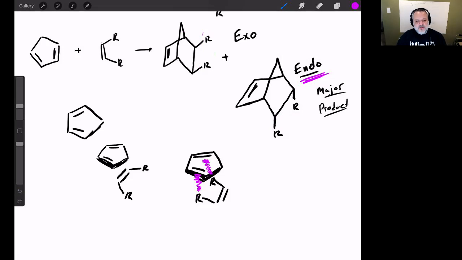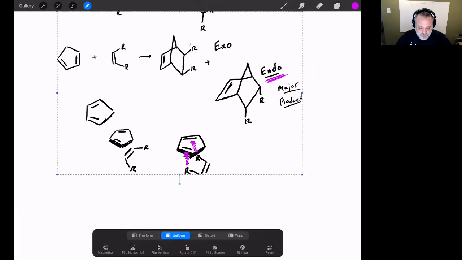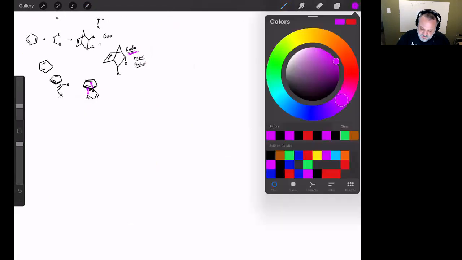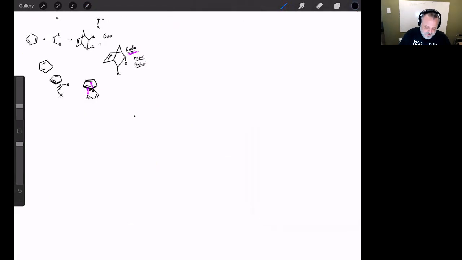And so here's what we're going to offer for you. If we get into some quantum mechanical calculations, we might be able to actually see those things. What happens if we get a cyclopentadiene and we react it with another cyclopentadiene?